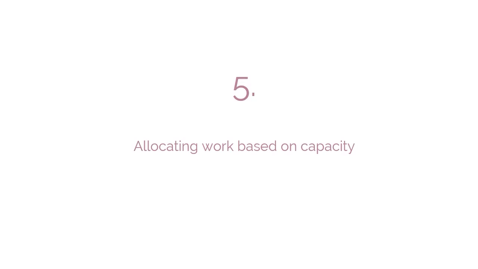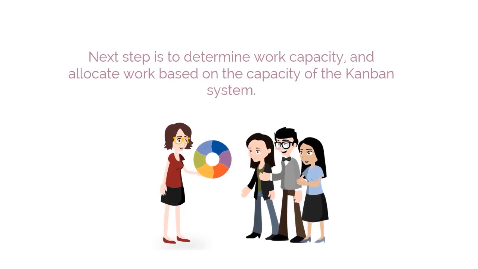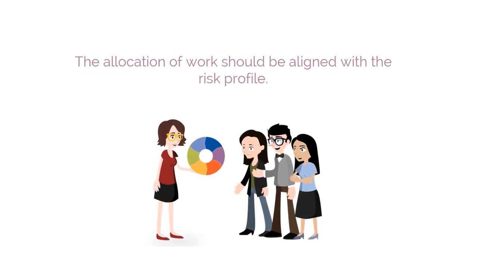Let's look at another practice involving allocating work based on capacity. The next step is to determine work capacity and allocate work based on the capacity of the Kanban system. The allocation of work should be aligned with the risk profile. Relative priorities can be set for each work item type.